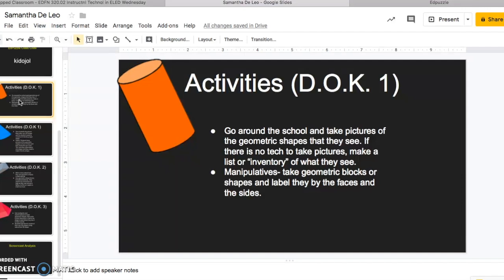If they don't have iPads or something to take pictures with around the classroom, they could make an inventory or a list of what they see. And my other activity is to have manipulatives for the students to look at, play with, see how the faces and the sides look, and be able to label those and work on that.